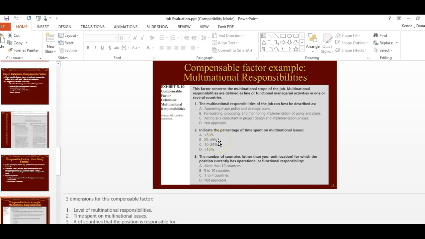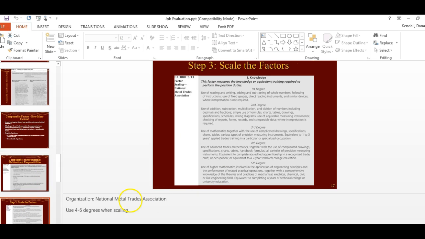And I'll let you read that at your leisure. Second, time spent on multinational issues, with more pay probably devoted to those who spend more time on this. And finally, the number of countries that the position is responsible for, again with more pay allocated to those who are tending to more countries than others. Right? So we're going to pay people based on those things.